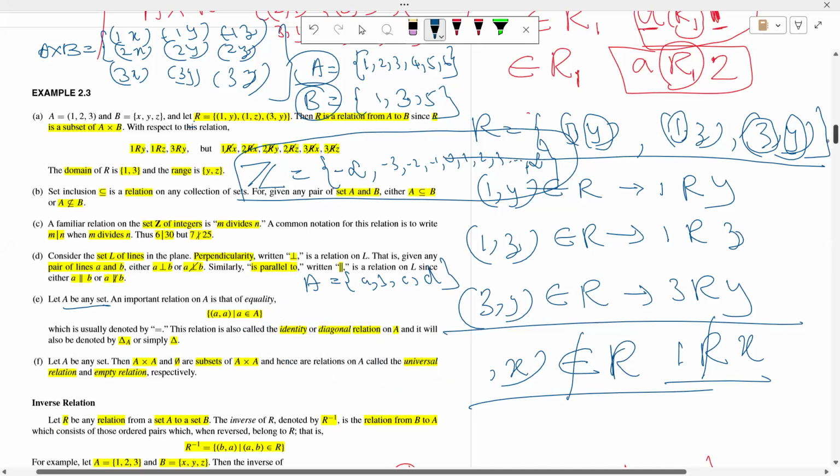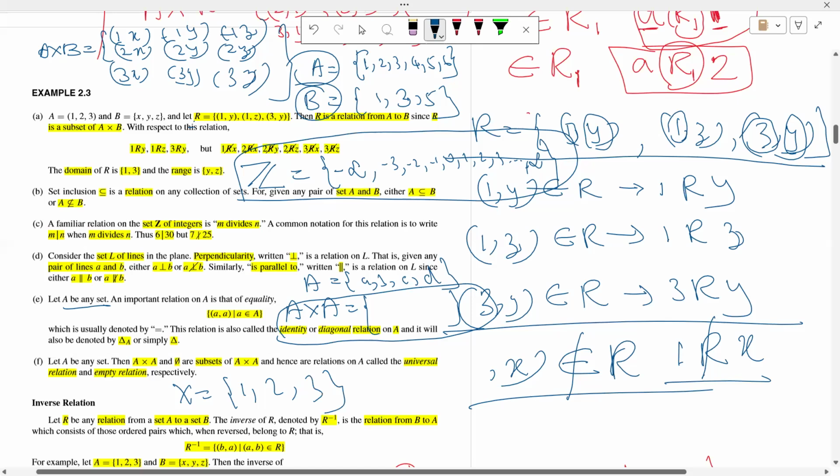Now, if you find A cross A, 4 into 4, altogether 16 ordered pairs are coming, right? So A cross A is a set. Let's say in the previous case there is a set X with 1, 2, 3.